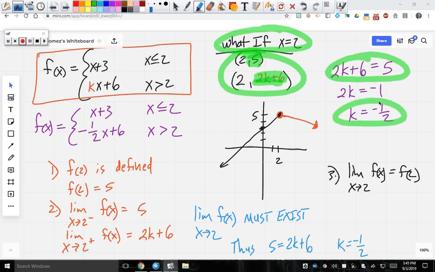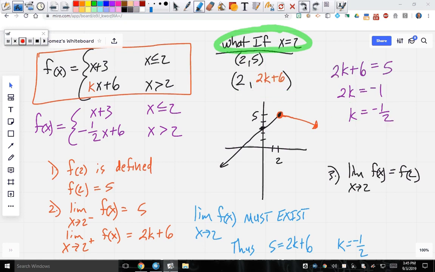Okay, so from all that, all I care is, did you follow the what if moment in order to get this? Okay, so now that I have k, I went over here and I plugged k in where it was supposed to go, so that I could see what do the graphs look like. Okay, so the graphs should show this.